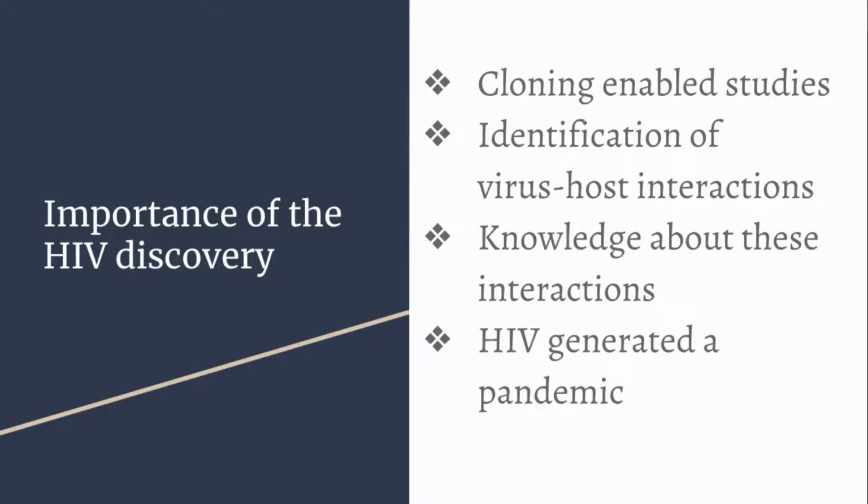The cloning of HIV enabled studies of its origin and evolution. The virus was probably passed to humans from chimpanzees in West Africa early in the 20th century. But it is still unclear why the epidemic spread so dramatically from 1970 and onwards.